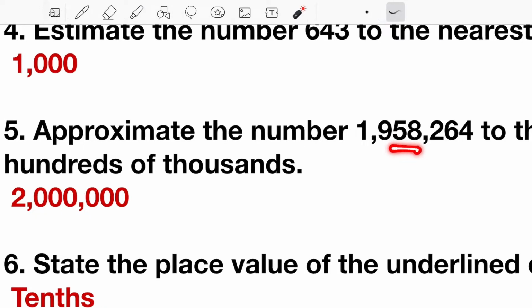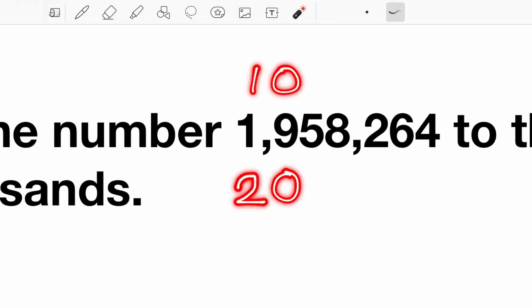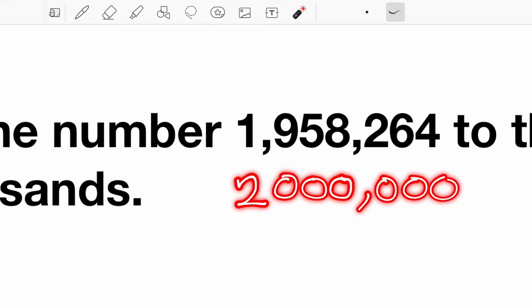It is, so we must then add 1 to this 9, but 9 plus 1 will give us 10, so that will really give us 20. Right, so anytime we have 9 and we're adding 1, it really comes like the 1 is going over to the digit on the left, and we replace all the digits on the right with zeros, so this becomes 2 million.